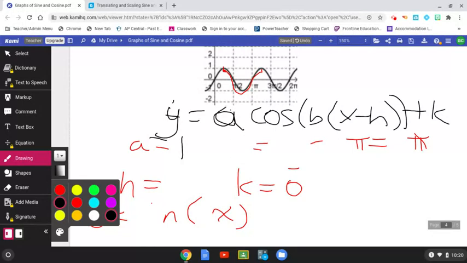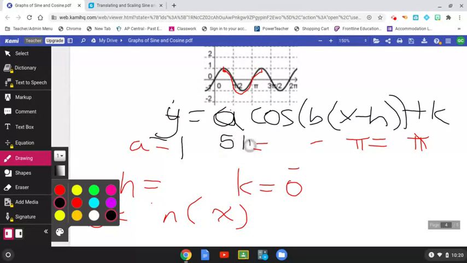The period would still be the same, but to give us more practice, let's say that we found the period. The graph I'm looking at goes from pi over 4 to 5 pi over 4.